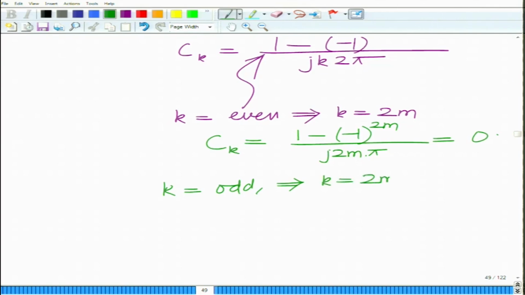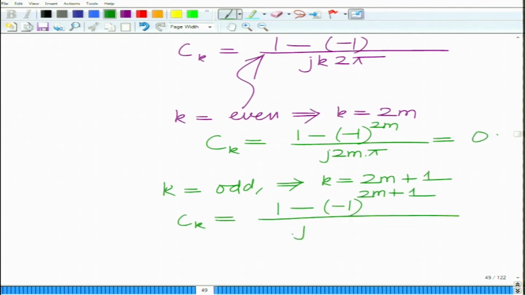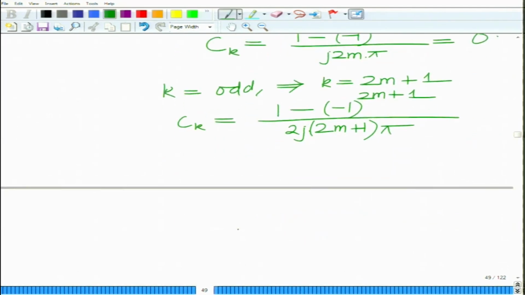And if k is odd, that is k equals 2m plus 1, then Ck equals (1 minus (minus 1) raised to 2m plus 1) divided by j times 2 times (2m plus 1) times pi, which equals 2 over 2j into (2m plus 1) pi.